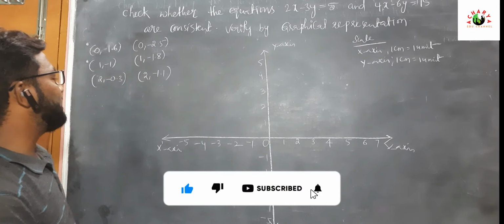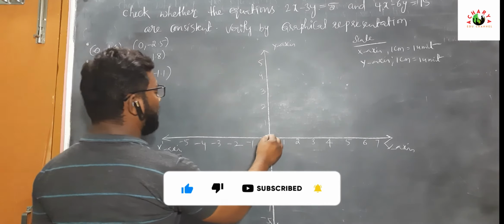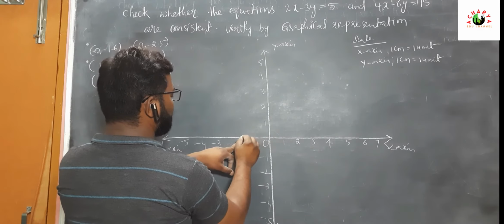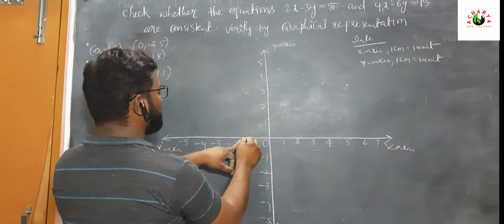0, minus 1.6 means the middle of -1 and -2, here. Next, 1, minus 1.